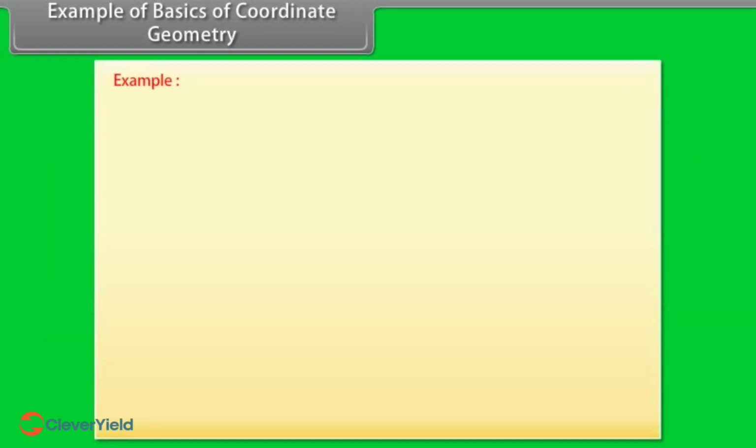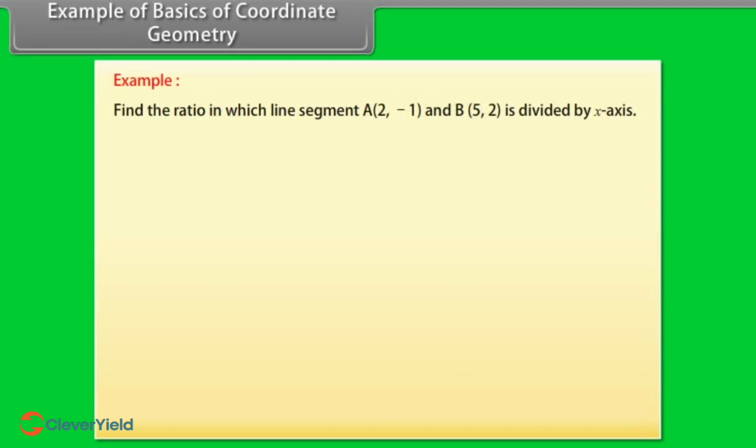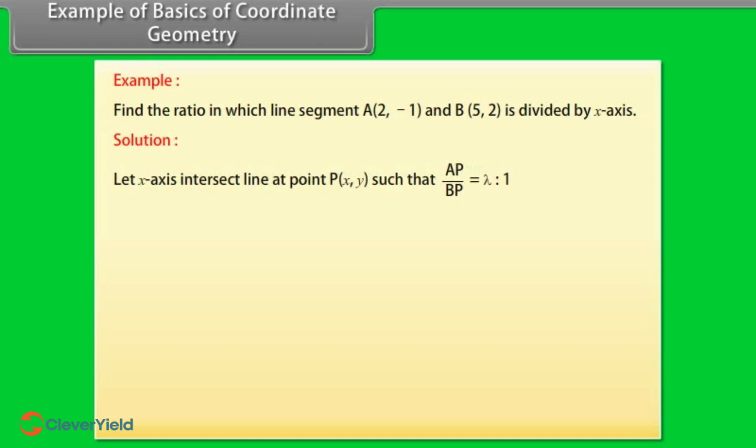Example. Find the ratio in which line segment A(2, -1) and B(5, 2) is divided by x-axis. Solution. Let x-axis intersect the line at point P(x, y), such that AP by BP is equal to lambda is to 1. It implies y is equal to 0.